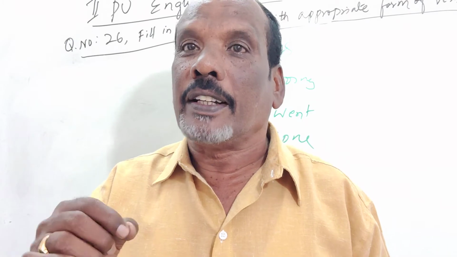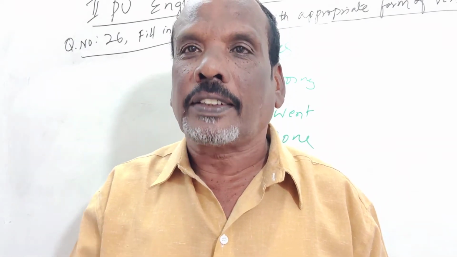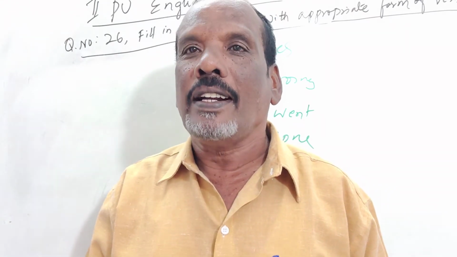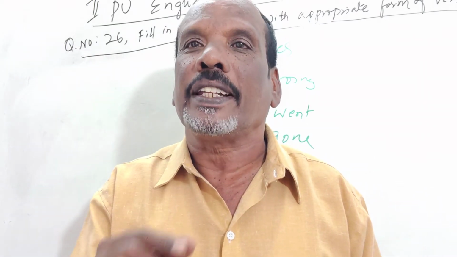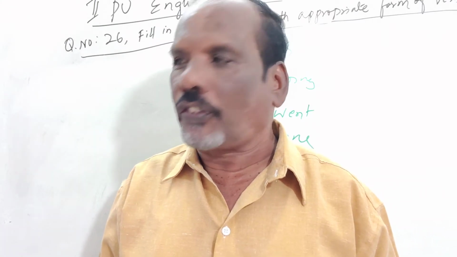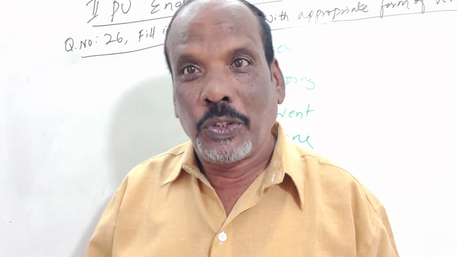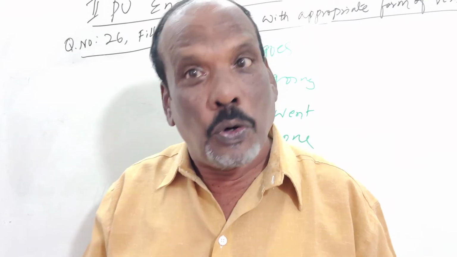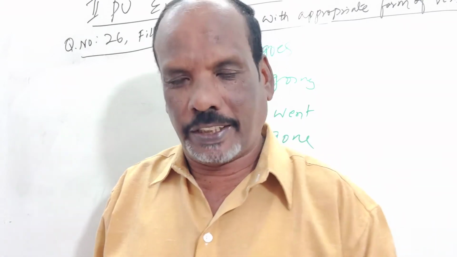What is the difference that you see in the verb? We see that the verb is changed into past participle and that has been preceded by a helping verb, that is was. Got it? So if I say the door is closed, in which voice is it? The door is closed. It is in passive voice. We don't know who has closed it.